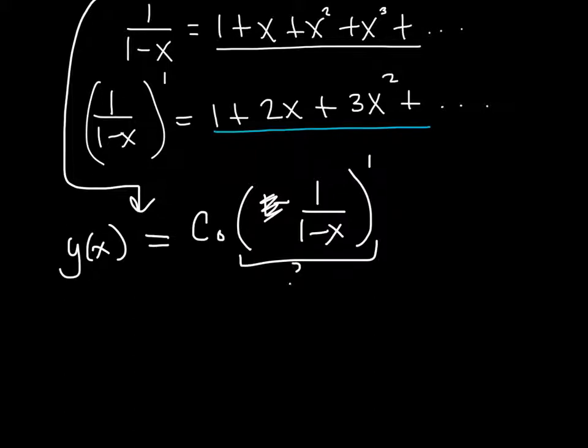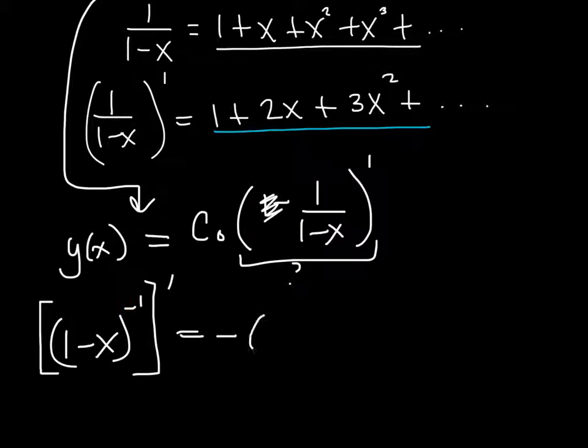If we actually do the math here, the 1 over 1 minus x is really 1 minus x to the negative 1. If I differentiate this, using the chain rule, I get negative 1 times 1 minus x, subtracting 1, and times negative 1.